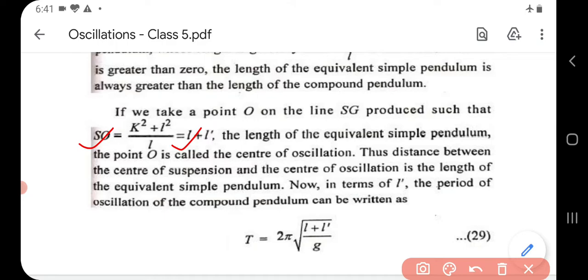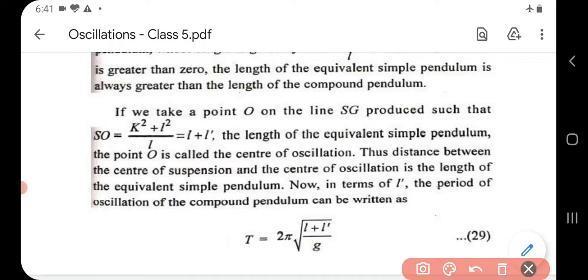Here O, as we have already discussed, is called the center of oscillation. The distance between the center of suspension and the center of oscillation is called the length of the equivalent simple pendulum. Now you can rewrite the period in terms of l dash as T equal to 2 pi root of (l plus l dash) by g.